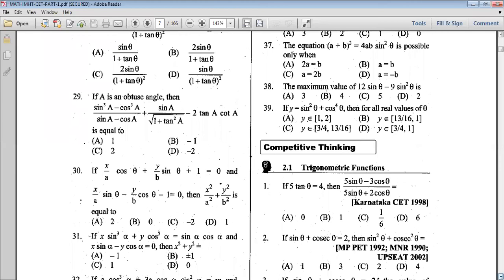Given that sin cube A minus cos cube A upon sin A minus cos A plus sin A upon under root 1 plus tan square A is equal to minus 2 tan A cot A, and A is an obtuse angle, then what is the value of this?